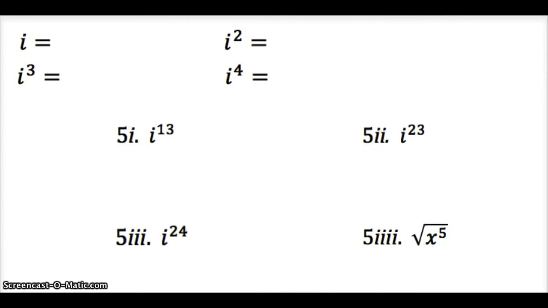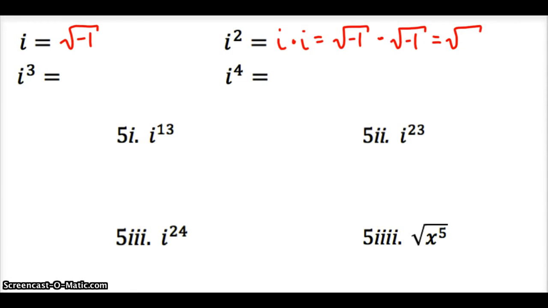Now, a quick little add-on about imaginary numbers. We all know that i equals the square root of negative 1, and then i squared must be i times i, which is the square root of negative 1 times another square root of negative 1, making that all equal the square root of -1 squared.